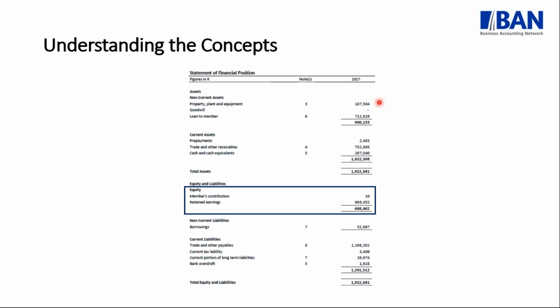So if you take all your assets at the top here and you deduct all your liabilities at the bottom, you are hopefully left with some value in your business. And that value is your equity or the book value. So the book value really assumes that if you go and you almost convert everything that you own into cash tomorrow and you pay off all your debts, you will still be left with some value if your equity is positive.